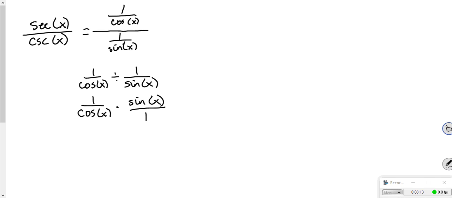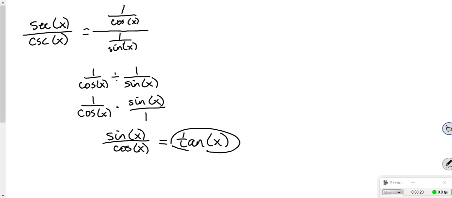Okay? Well, that leaves us with sine x over cosine x, which is the tangent function. So final answer would be tangent x.